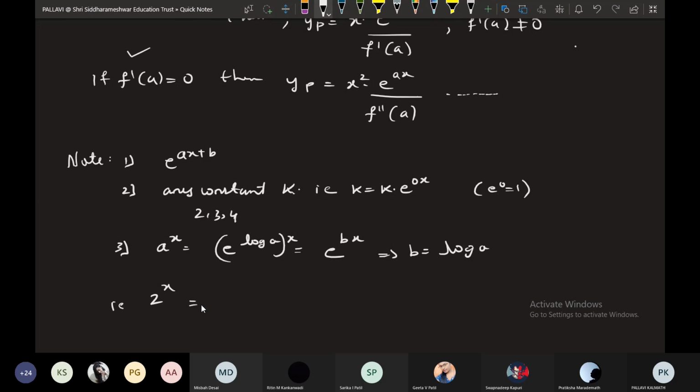If I consider 2 raised to x, how are you going to write it? e raised to log 2, the whole raised to x, or e raised to log 2 into x.